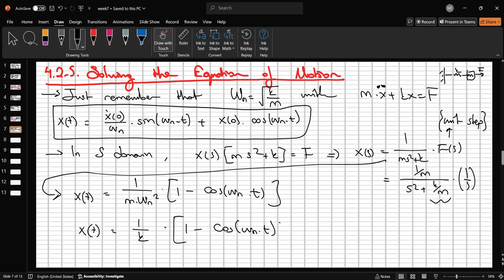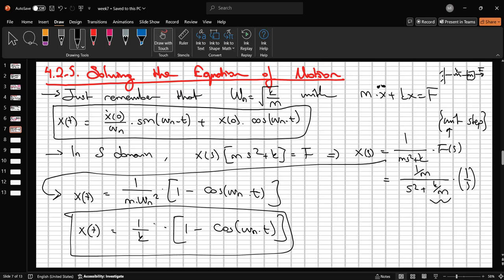Okay? If you do the calculation for these terms, these terms give us these parameters in here. If you take the inverse Laplace transformation, we will have these formulations in here for the unit step signal. Just remember that.